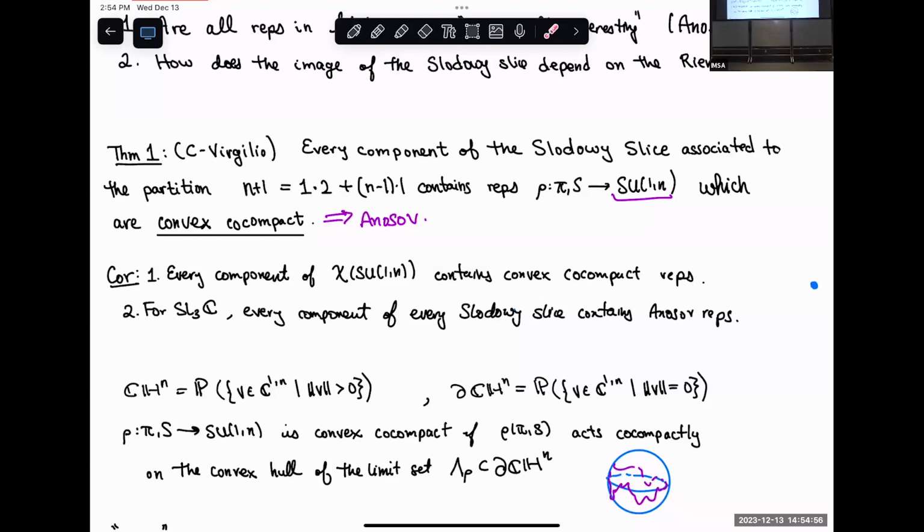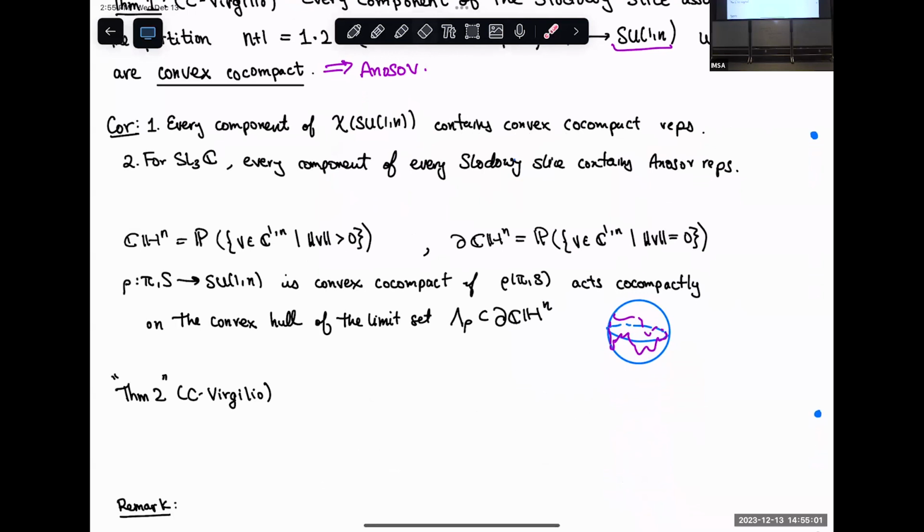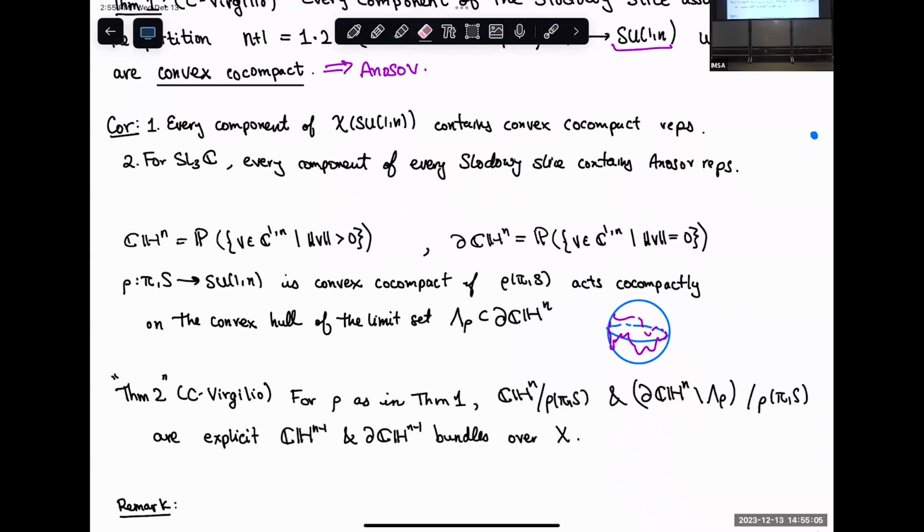The second theorem is that from the Higgs bundles describing the Slodowy slice, we can describe those quotients. Let me give you a theorem in quotes at this point, and hopefully make it more precise later.